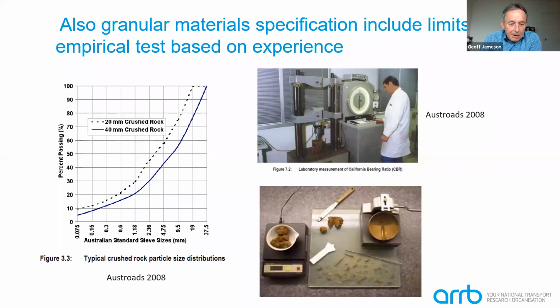Some of the empirical tests that we use are the particle size distribution, the CBR test, and also plasticity tests. These are used in conjunction with the subgrade strain criteria to select materials that have the appropriate deformation characteristics for particular uses.